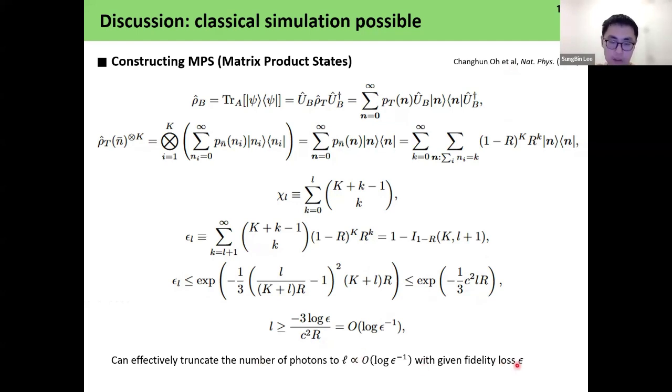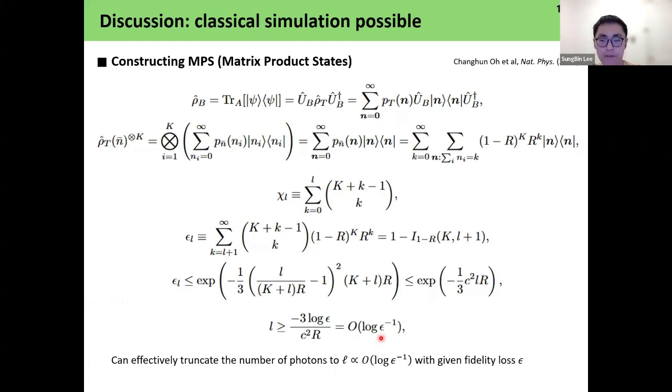So it means that we can truncate the entire n quantum state up to L photons with fidelity loss epsilon, where L is proportional to the inverse of the logarithm. So if epsilon is fixed and the photon loss rates are quite high, as in this experiment, it means that it is still classically computable.